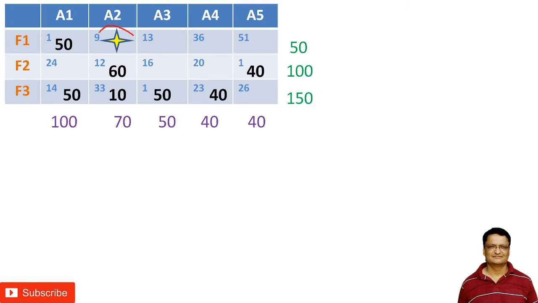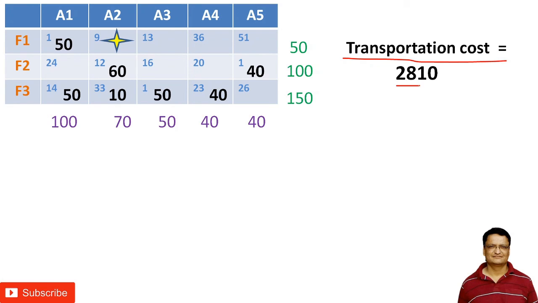And we have identified this cell as a cell having a negative opportunity cost. So what was the total transportation cost with this allocation? I can calculate the total transportation cost we got with the help of the least cost method as 2810. Now how did I calculate that?